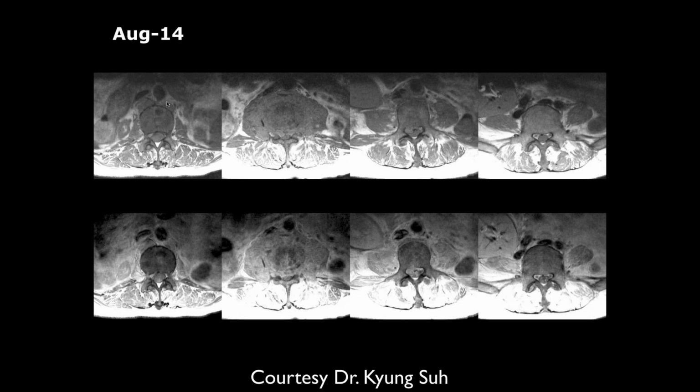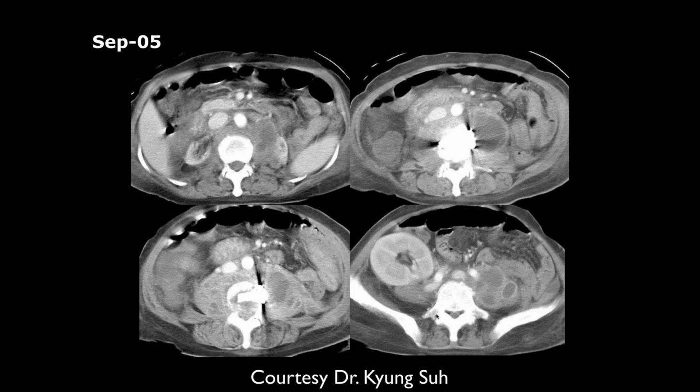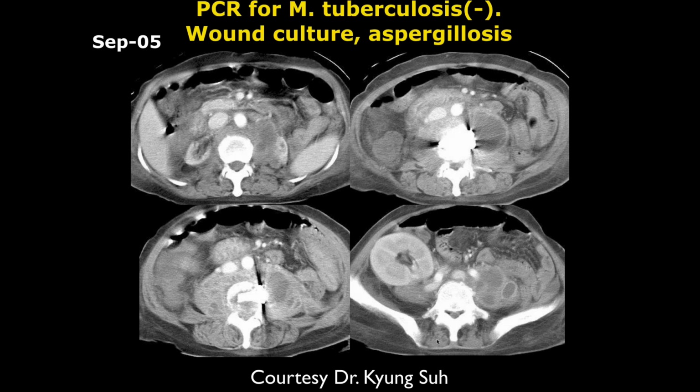There's a lot of phlegmonous change around the spine, and involvement of the psoas muscles. Here's the right. It's like fluid collections in the spinal soft tissues. So this was aspergillosis. Okay.